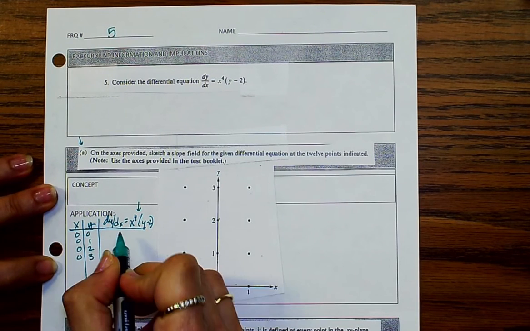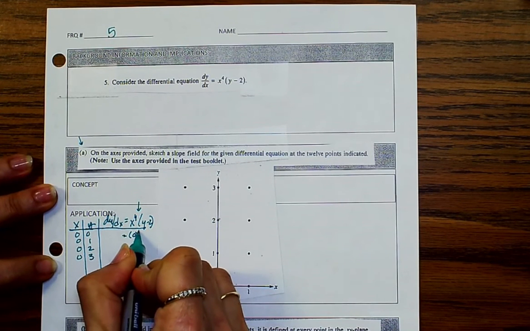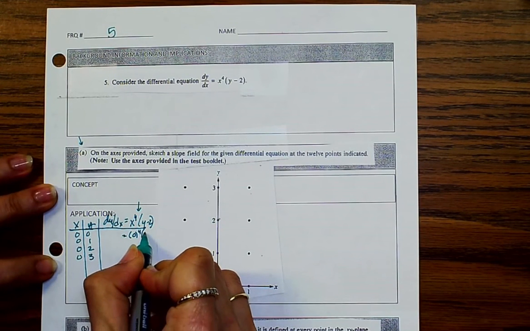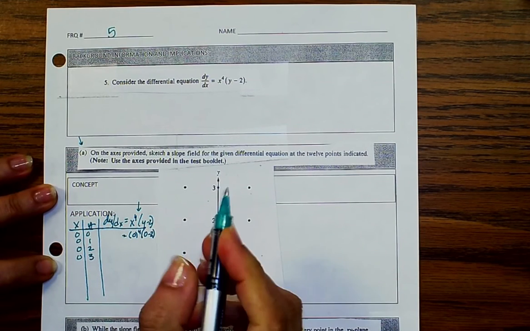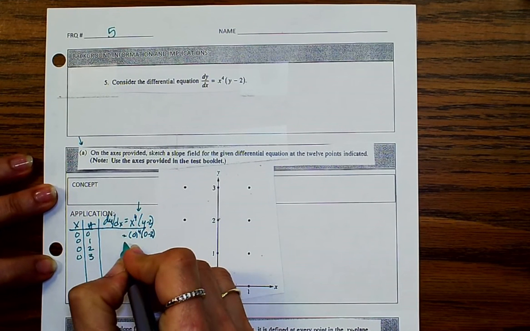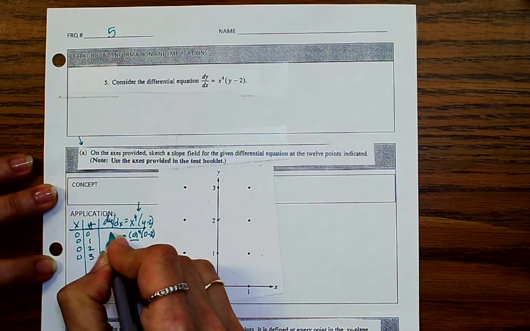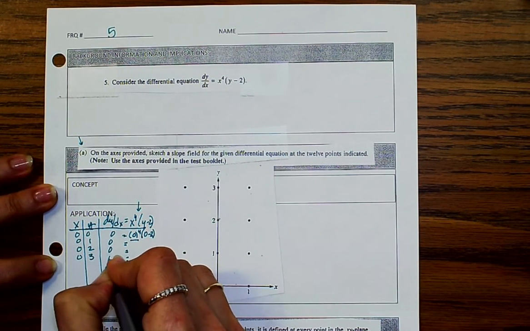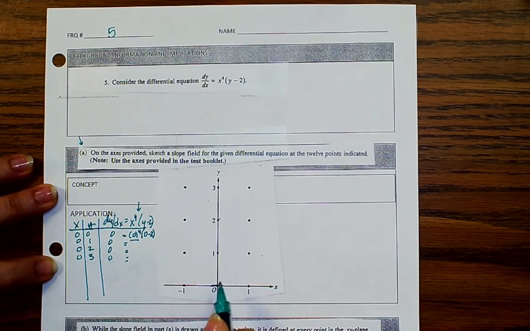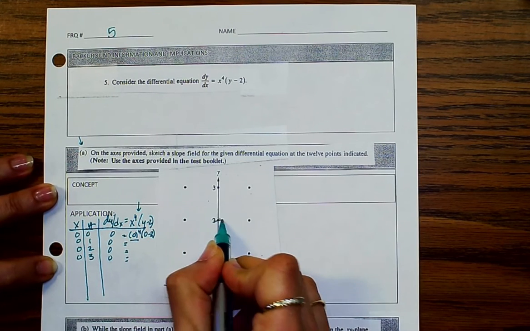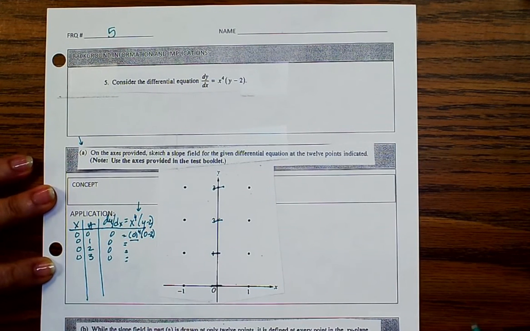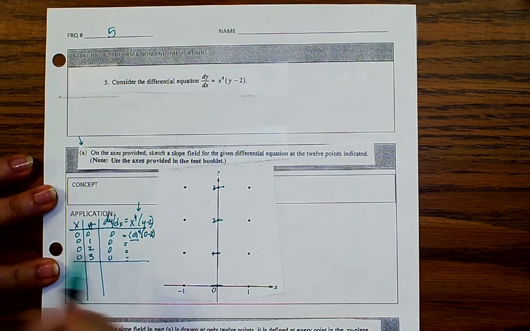In every case, my derivative is going to be 0 to the fourth times y minus 2, which is really irrelevant since I'm multiplying by 0, so all these derivatives would be 0. So I have horizontal lines on my slope field at every point where x is 0.